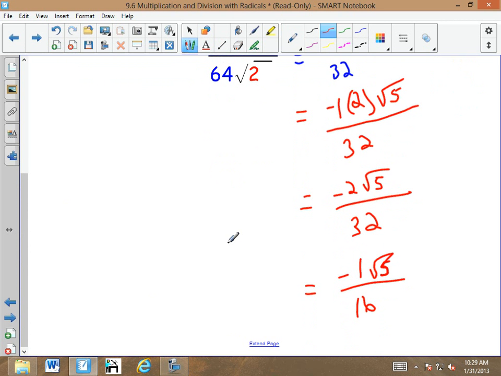It tells you negative square root of 5 over 16. This right here, negative square root of 5 over 16, is the same as negative 1 times the square root of 5 over 16. The calculator will give you the right answer. You just have to check it.